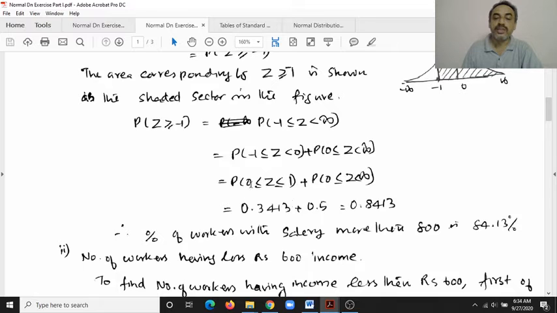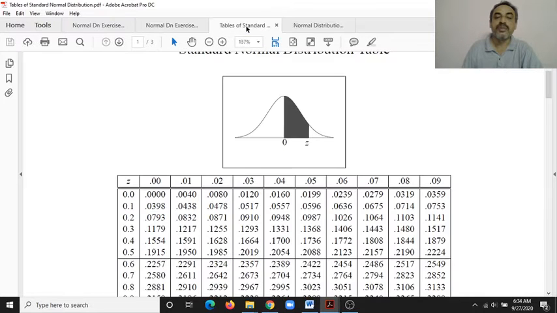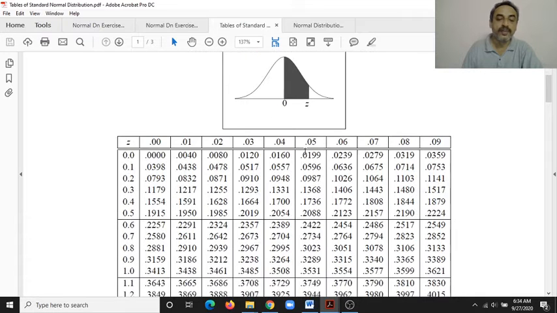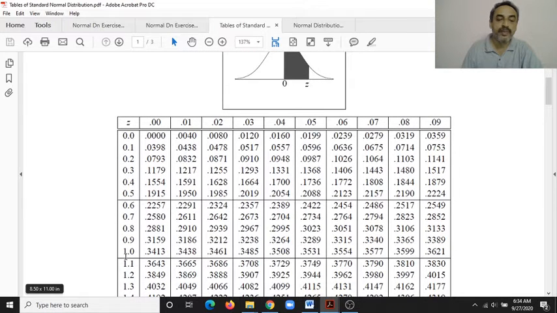So we refer to this area from 0 to 1 from the tables of standard normal distribution. That is, the starting point is 0 now and the closing point is at 1. So corresponding to 1.00, by sorting this row 1.0 and the column 0.00, we have the value for z.